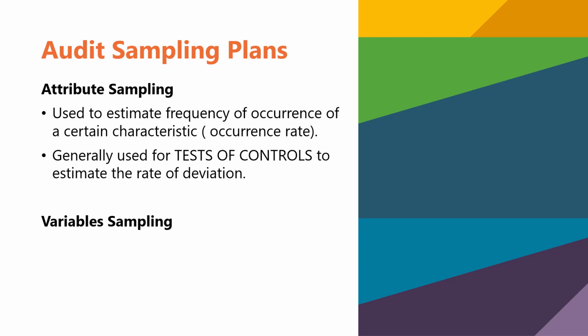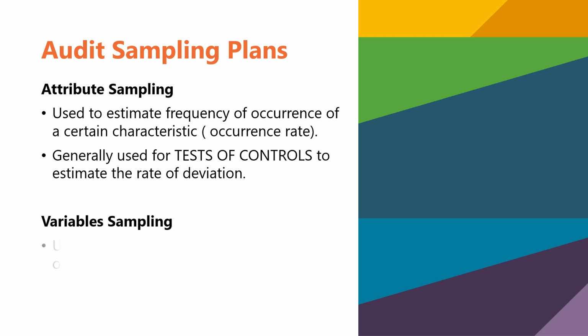So if, for example, the characteristic that you are expecting to be present is, for example, the presence of signatories for authorization, or pre-numbering of the documents, or signs of review and approval, that's the characteristic. So every time you don't see that characteristic, then it's a deviation. If you see, for example, a customer order or a sales order with no clear approval, that's a deviation. Okay, so with that, we are performing tests of controls, and the sampling plan that we are using is attribute sampling.